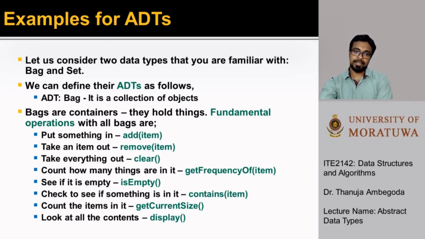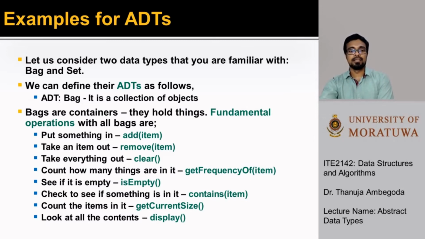So given an item, how many of it are there in the bag currently? To see if the bag is empty, you could call the is empty method on the bag. To check if a certain item is in it, you say contains and pass the item as the argument. If you want to know how many items are there in total in the bag, you could call the method get current size.